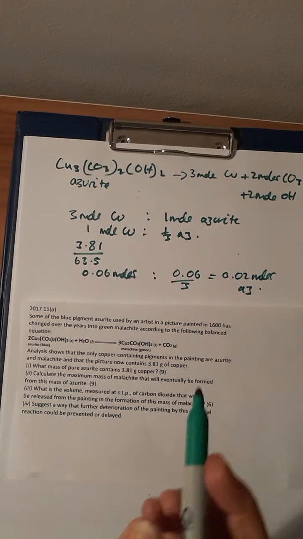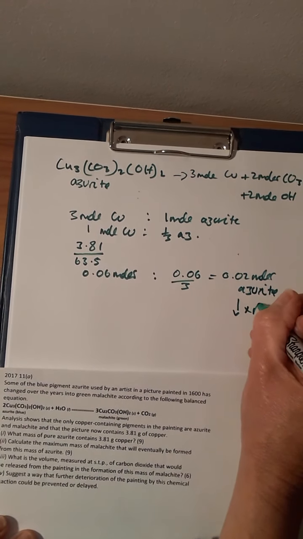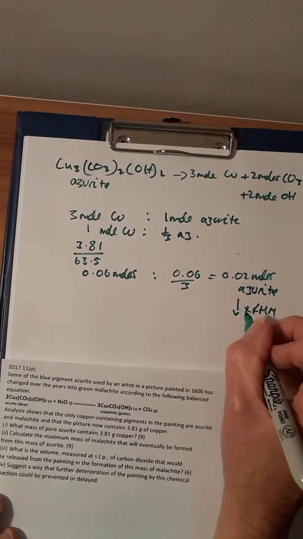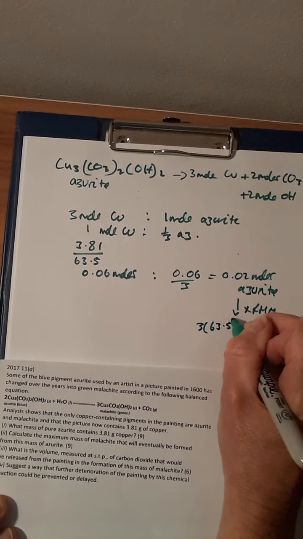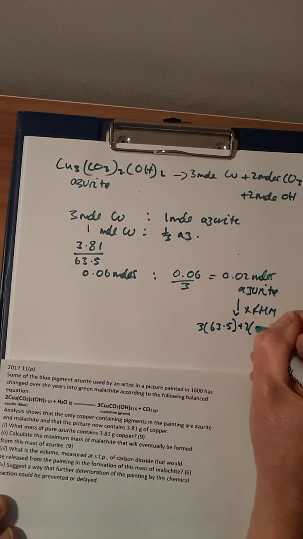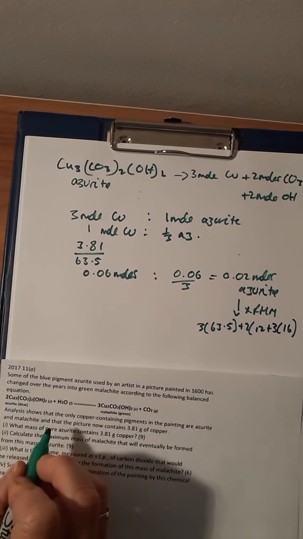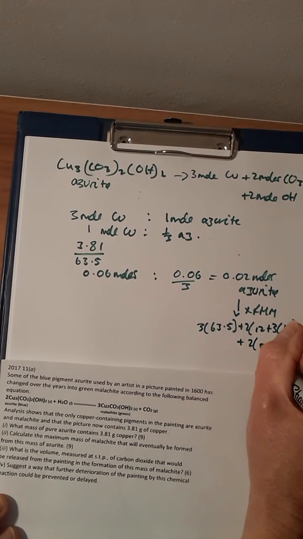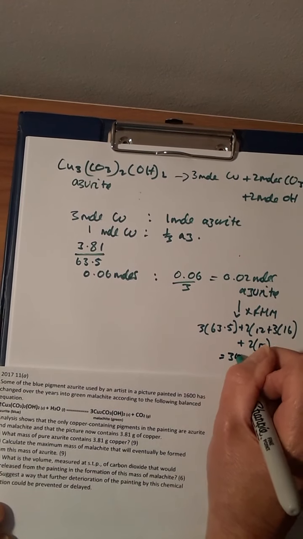What mass of azurite? Let's convert this to mass. I will now multiply this by the relative molecular mass of azurite. Again, be careful with those relative molecular masses. So we've got 3 coppers, which is going to be 3 times 63.5, plus 2 carbons and 3 16s for oxygen, so be careful there. And we then have 2 oxygen plus hydrogen is 17s, and when you add all of that up, you're going to get 344.5.